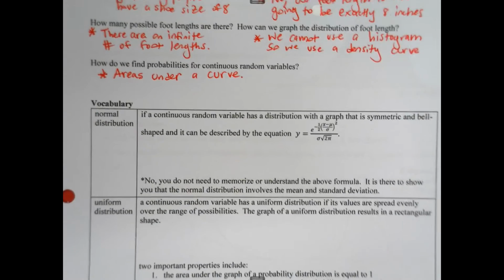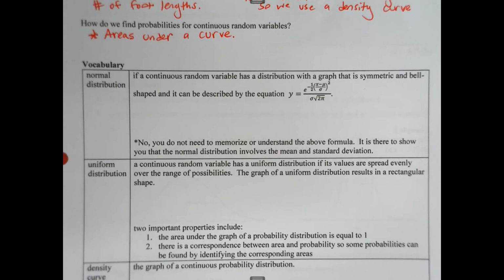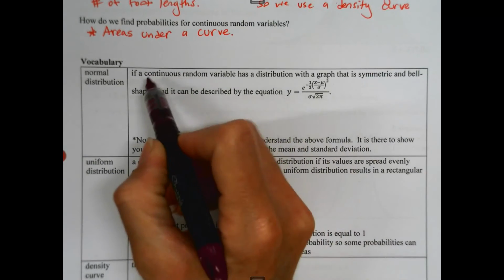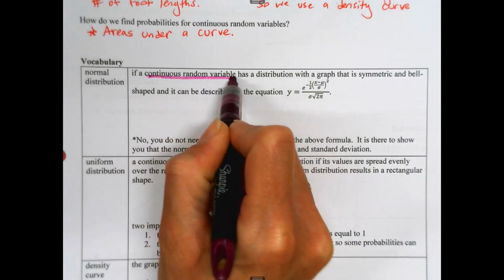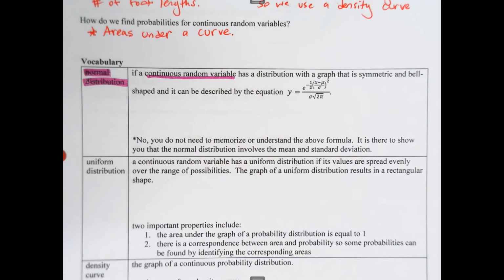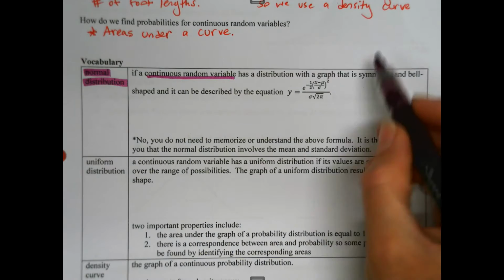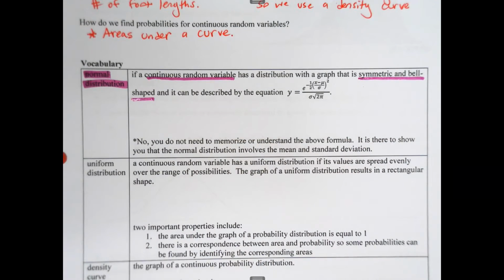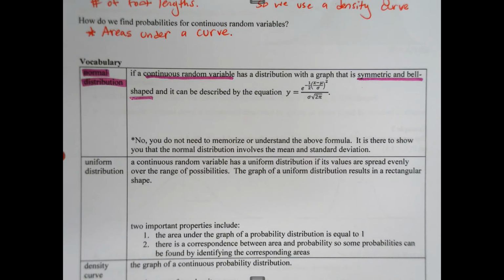We're going to start off with some vocabulary and then apply this vocabulary. Our first word here is normal distribution. If a continuous random variable, it has to be a continuous variable, has a distribution with a graph that is both symmetric and bell-shaped, and it can be described by this crazy equation.